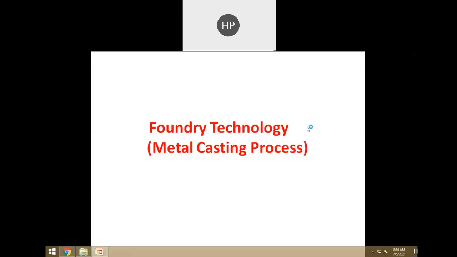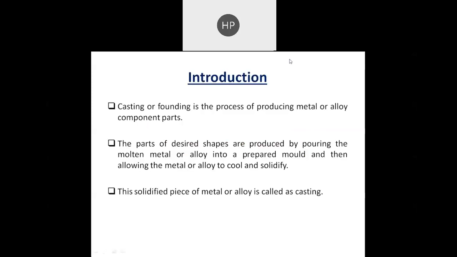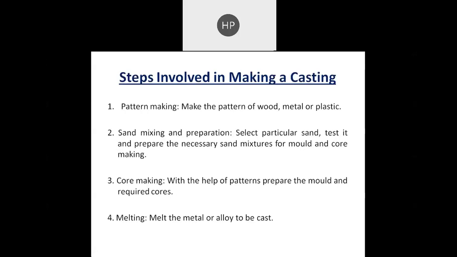So in the past few lectures, we have been talking about foundry technology, and in that we have talked about the basic concept of the metal casting process. We have talked about the various steps involved in metal casting: first, pattern making. Second is sand mixing and sand preparation.